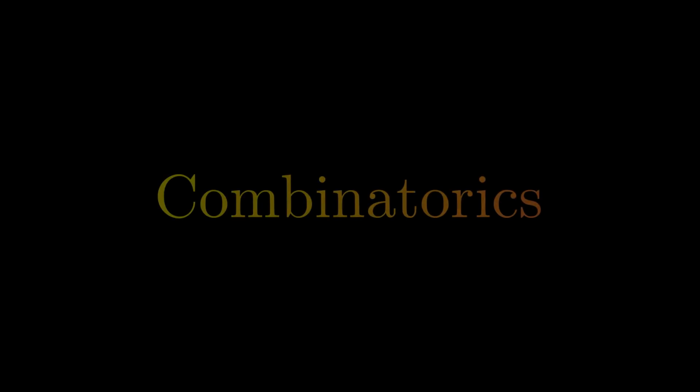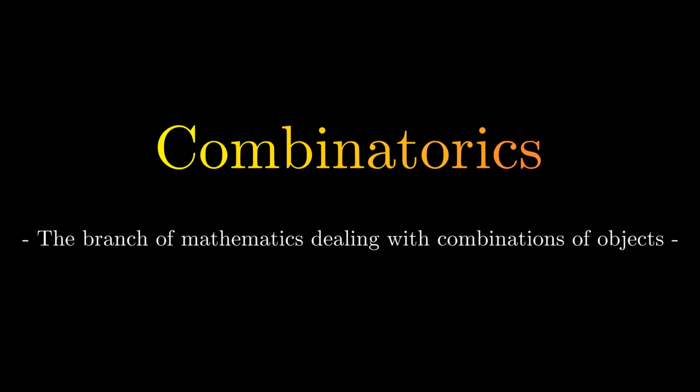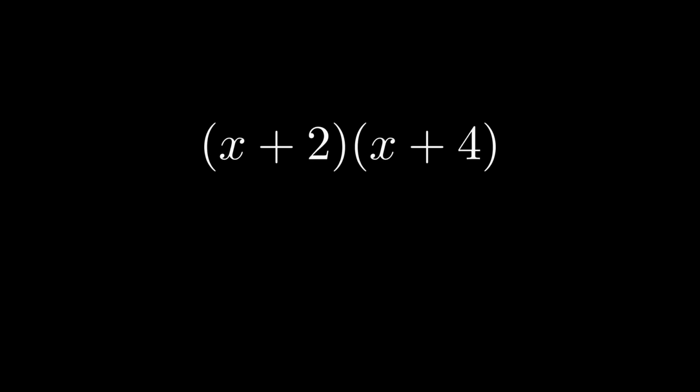Now, this new angle that we're going to be using is going to involve a piece of maths called combinatorics. And this lets us study how to choose and arrange and combine different objects. To see how this works for us, let's go back to our simplest example, which was a double bracket. Now, whether you use FOIL or not, we know how to do this.